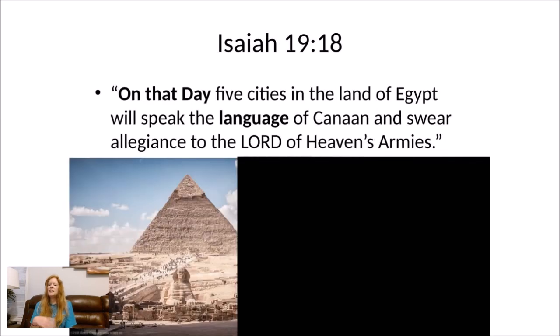It also suggests that there may be a new language in the kingdom, for all we know. Maybe we'll speak our own native languages and also a brand new language that God will invent. But anyway, we won't have trouble communicating with each other, unlike the confusion that we have now with languages. What language do they speak in Egypt today? Egyptian?